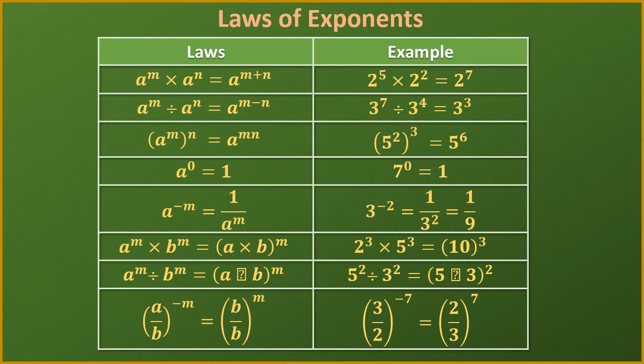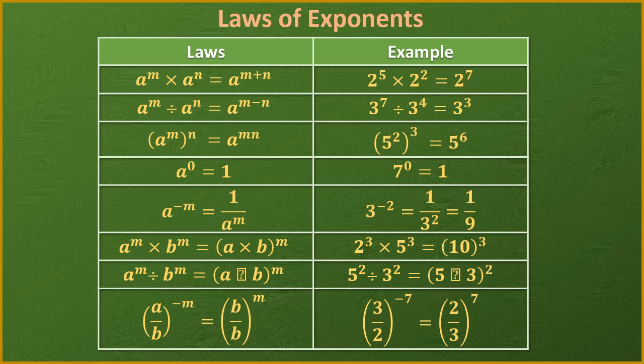Similarly, formula number 4: if any term has the power 0, its value will always be 1. Similarly, if I take the example, 7 to the power 0 will become 1. Now this is the most important formula we will use in many questions: a to the power minus m is equal to 1 upon a to the power m.